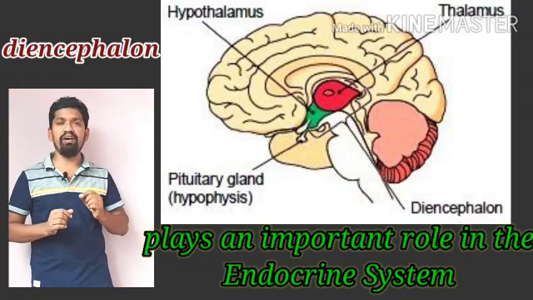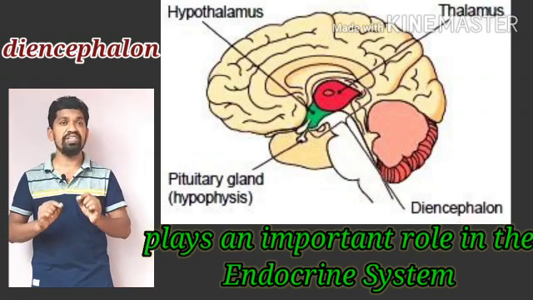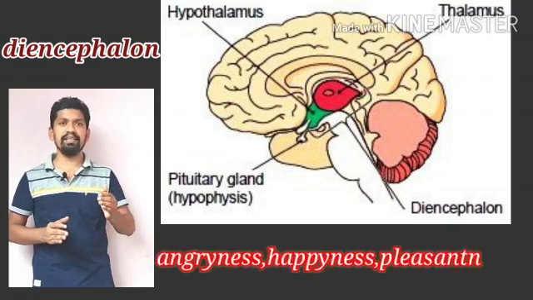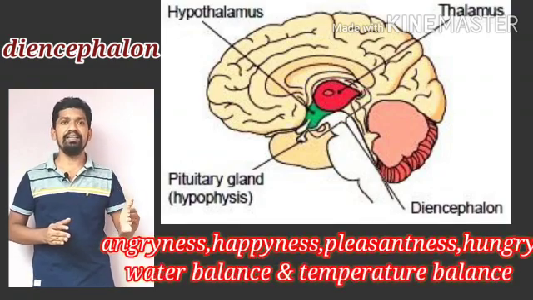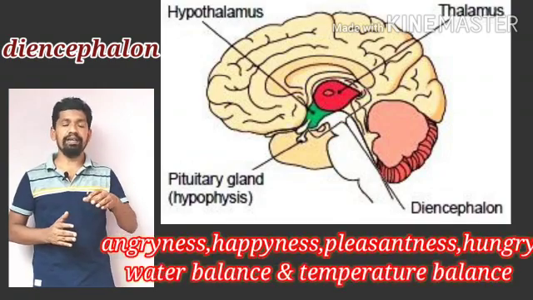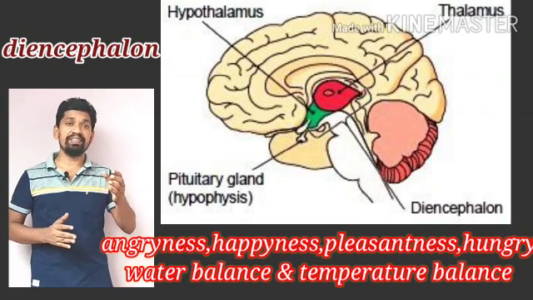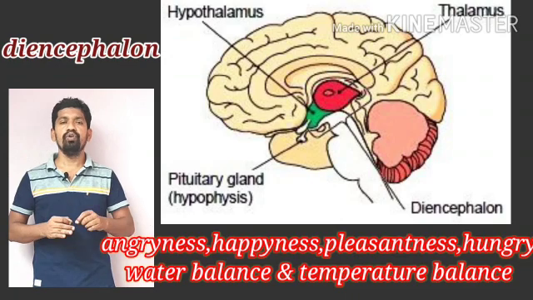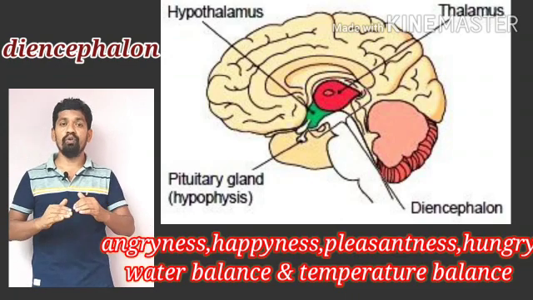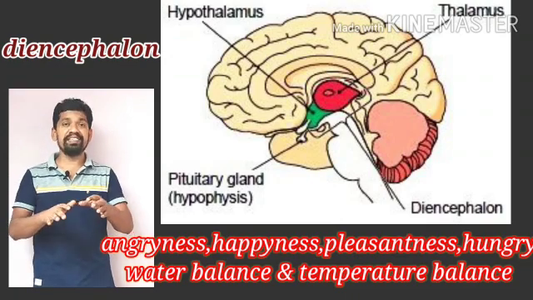Now the diencephalon is an important place for some emotions like anger, happiness, sadness, pleasantness, and of course hunger, even a center for thirst, and it also plays an important role in water balance and temperature balance.